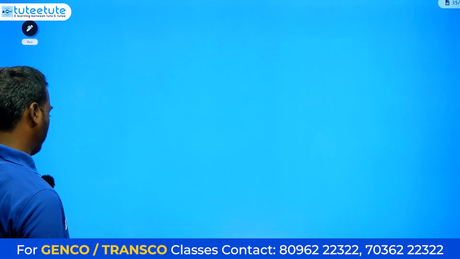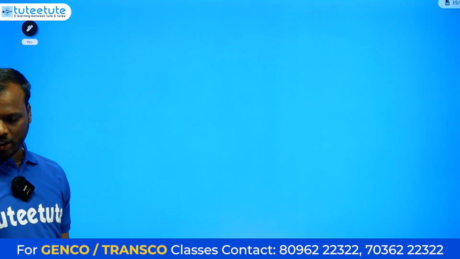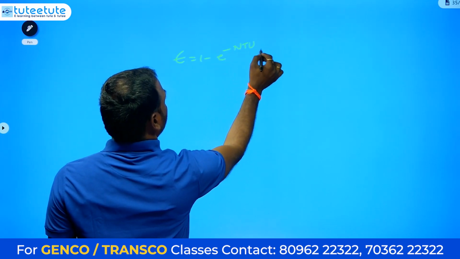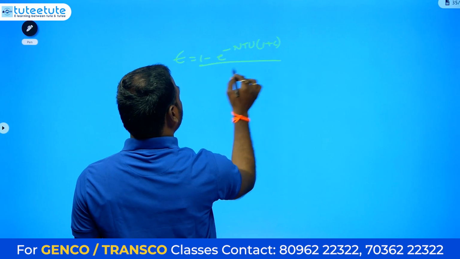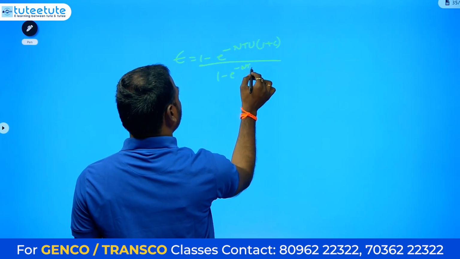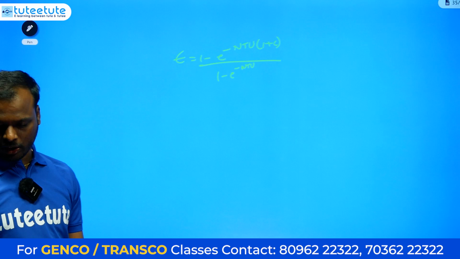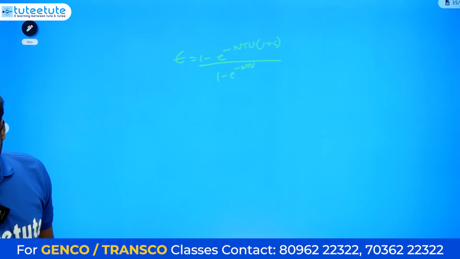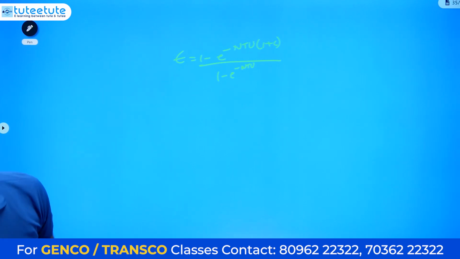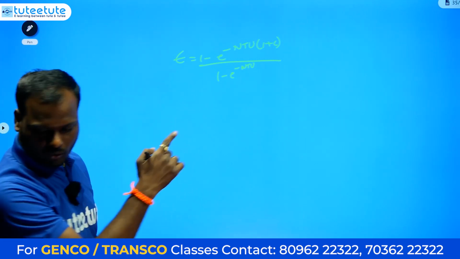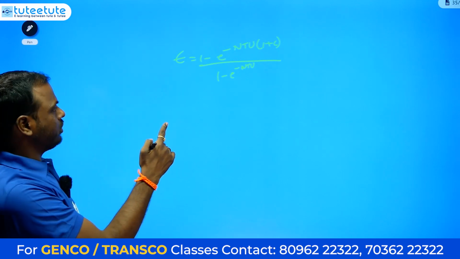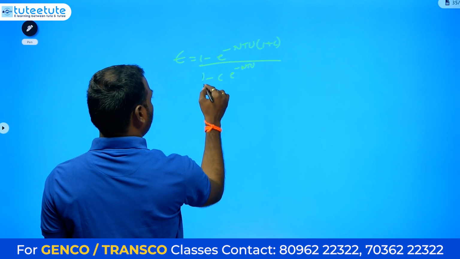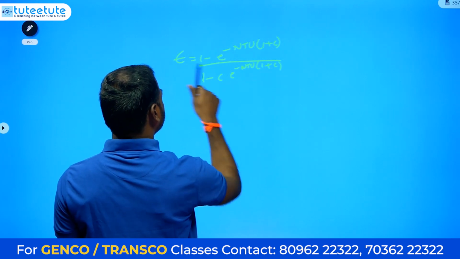Here I am writing the general equation: epsilon is equal to 1 minus e power minus NTU of 1 plus C, divided by 1 plus C. This is the general equation, a generalized equation.